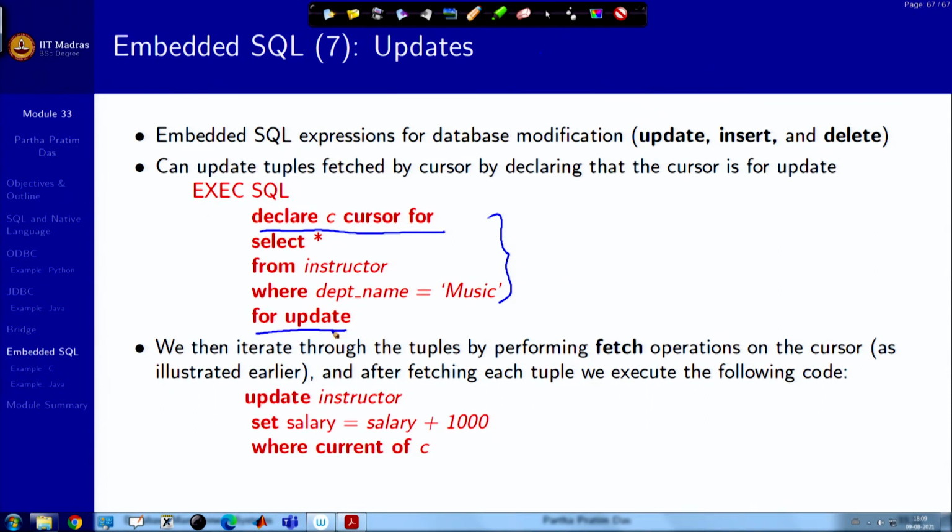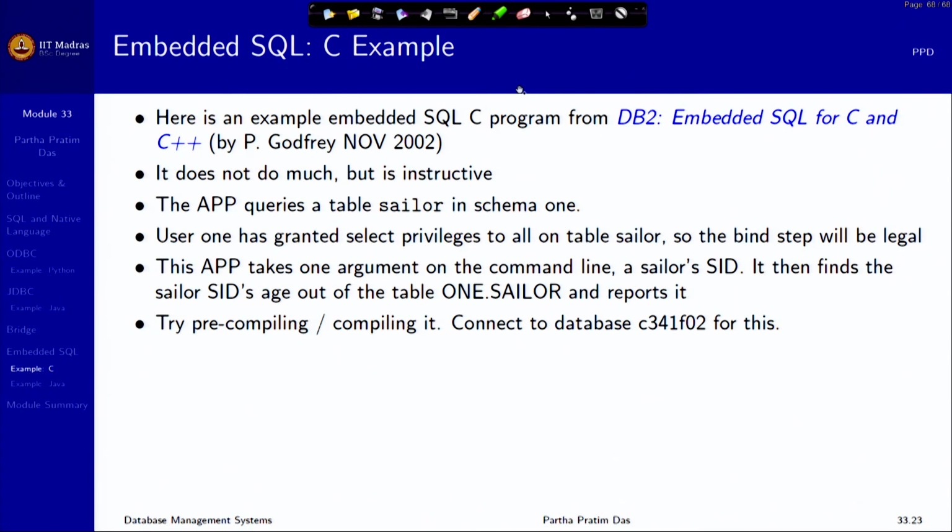Then you update instructor, same as before, where current of C. So, instead of giving a separate relation to update from, you are using a temporary table, which is this cursor, as a result. So, these are the different variants that you have.